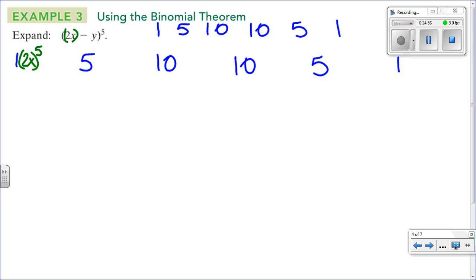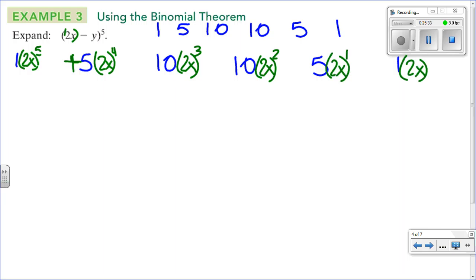2x to the power 5. And in this case, we will have negative y to the power 0. Well, let's take care of all the 2x first. So right here, we will have plus, oh, sorry, not plus, but times 2x to the power 4, and then here we have 2x to the power 3, 2x to the power 2, 2x to the power 1, and 2x to the power 0.